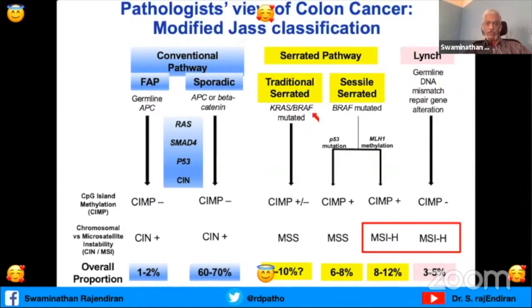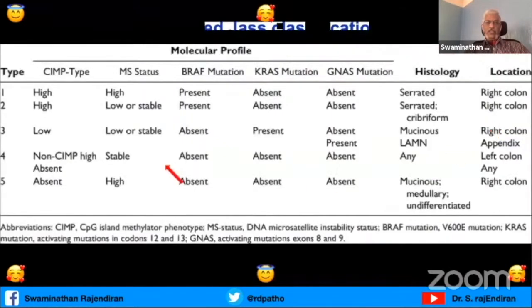So this cartoon gives you a very nice idea about molecular classification of the tumor, carcinoma colon. And this is in table form, 5 types. And what is the methylation status, microsatellite status, BRAF mutation, KRAS mutation, and what is the histology and what is the location. Most of the genetically or molecularly driven tumors are more on the right side.